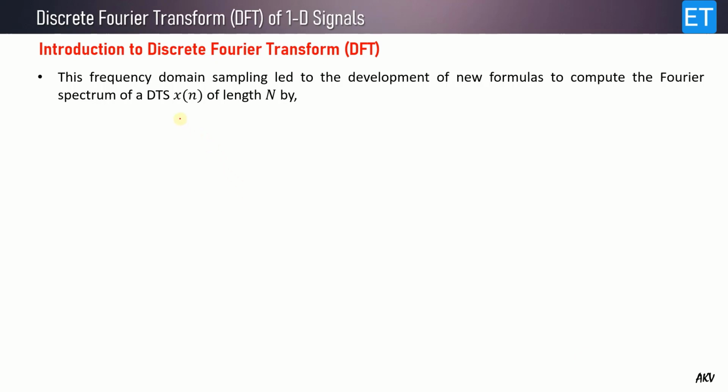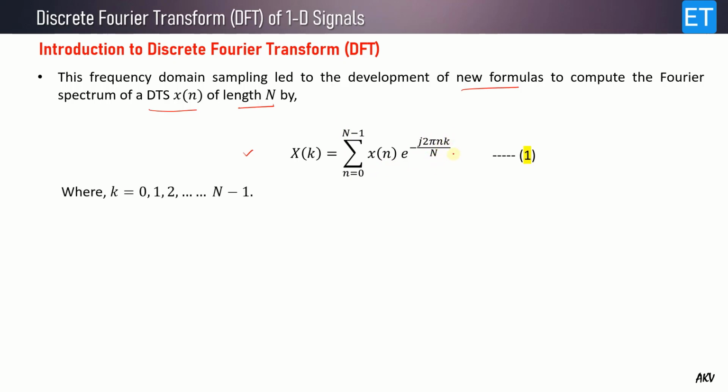This frequency domain sampling actually led to the development of new formulas to compute the Fourier spectrum of a discrete time sequence x[n] of length N. So, the previous equation is now modified to this equation. X[k] equals sigma n equal to 0 to N minus 1 of x[n] e power minus j 2 pi nk upon N, where k is varying from 0 to N minus 1.